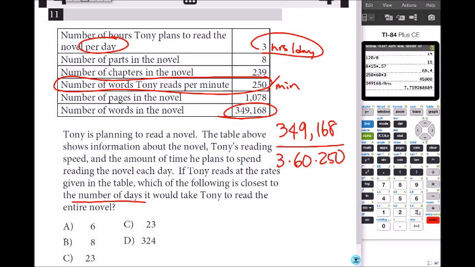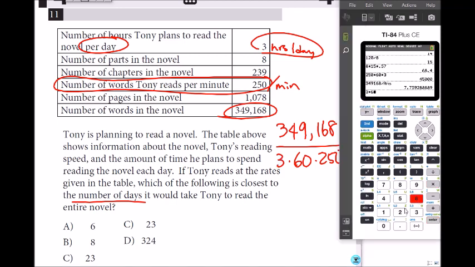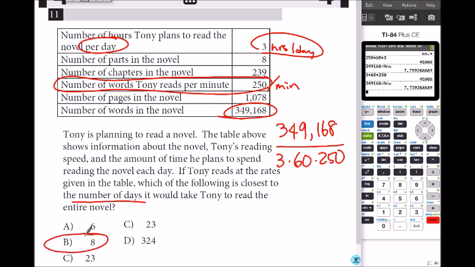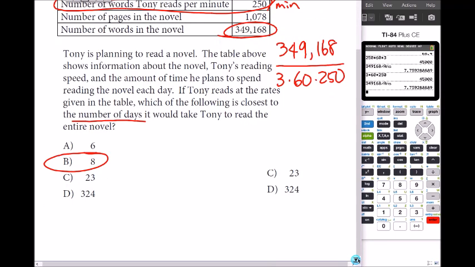So I can do 3 times 60 times 250 first, and then divide the total number of words, 349,168, by that previous answer, to get 7.75, so about 8. Right, so here I just had these 2 choices copied, just in case we don't get to see all, but it's 8.